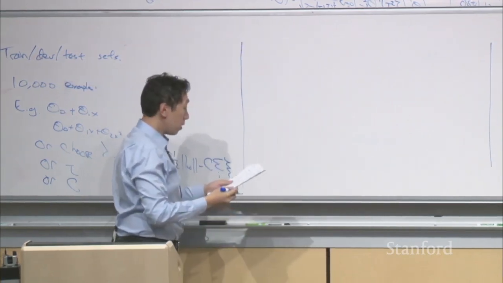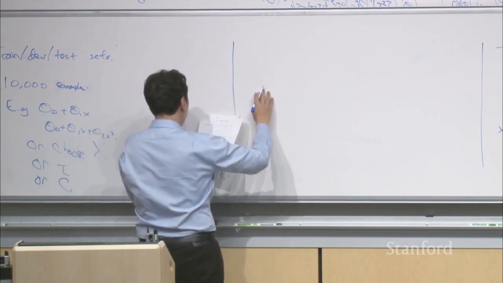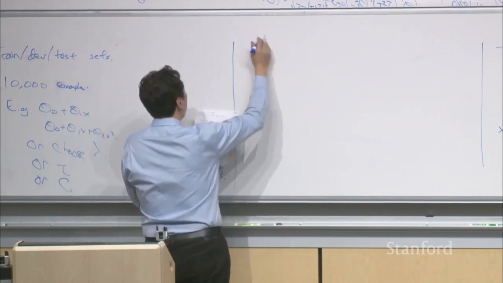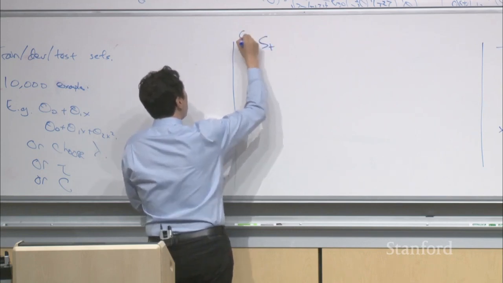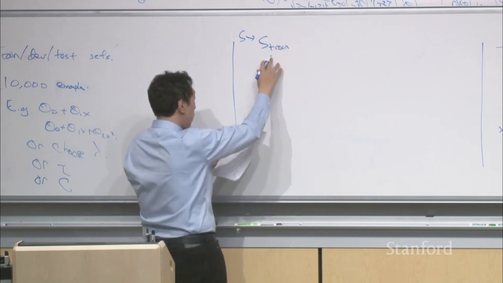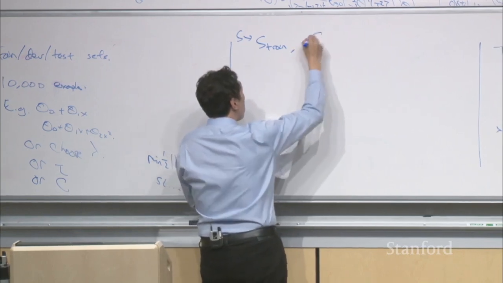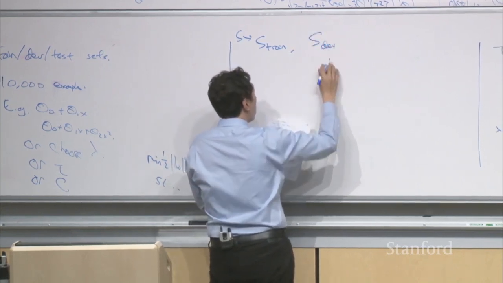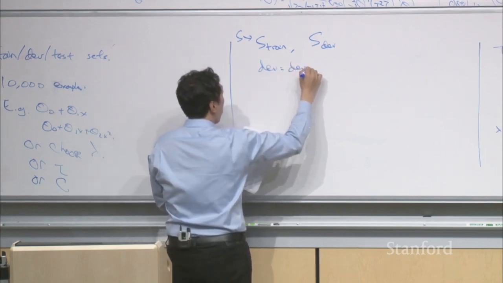So here's one thing you can do. Split your training data S into a subset, which I'm going to call the real training set, S subscript train, and then some subset, which I'm going to call S subscript dev, and dev stands for development.